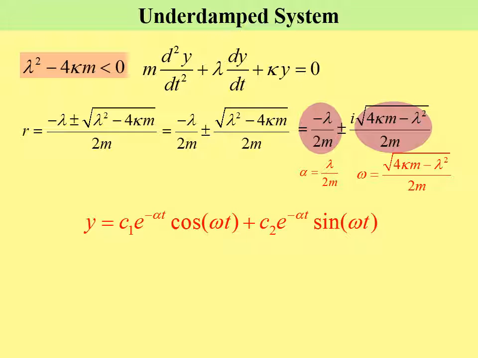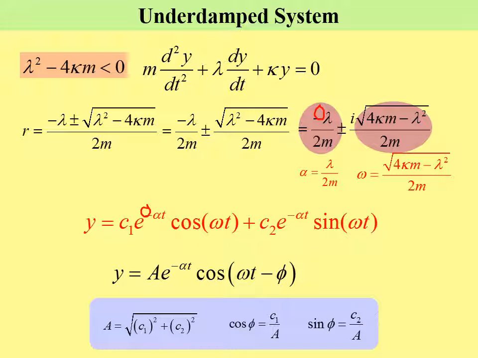And our solution would look like this. Now again, you notice the minus is taken care of here. However, this is an underdamped system where the discriminant is negative, so you still have a complex solution.